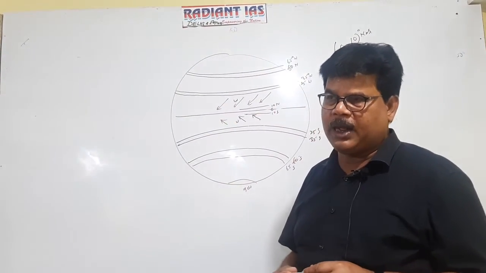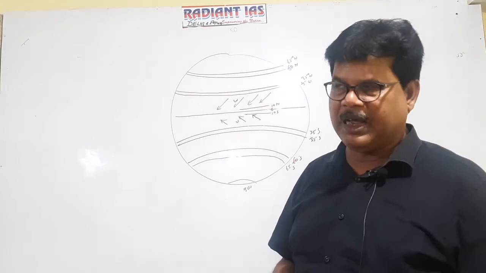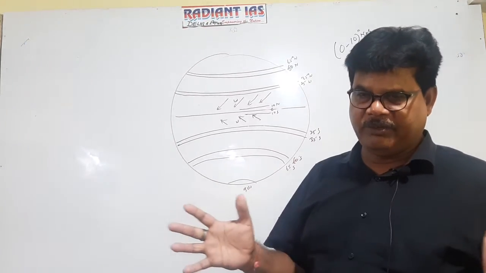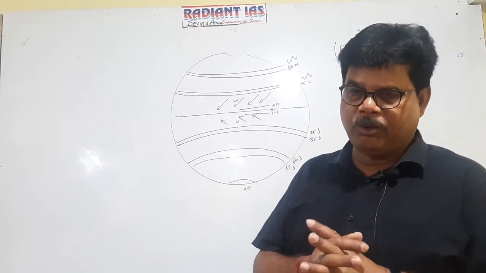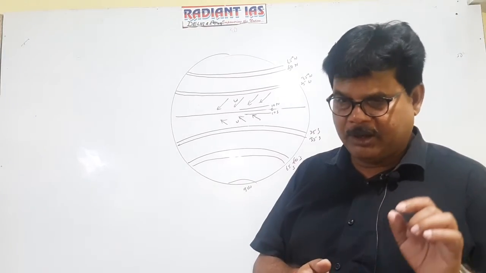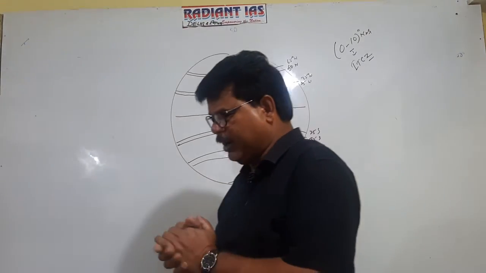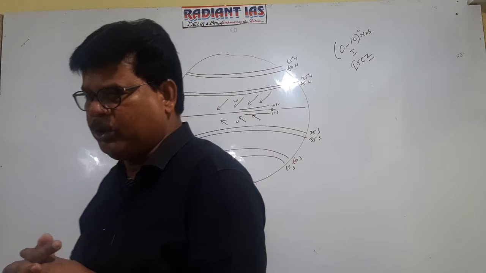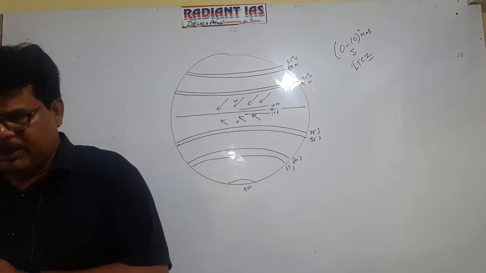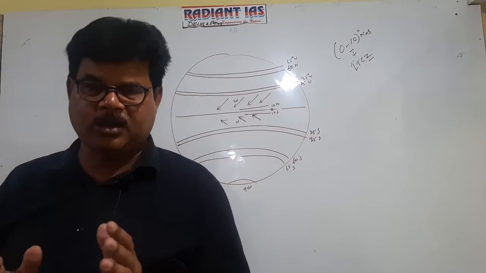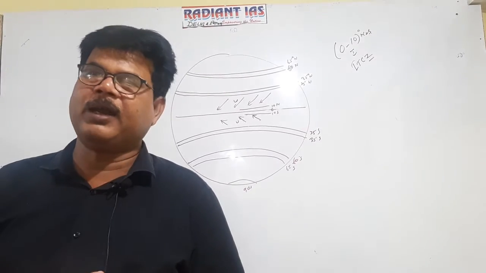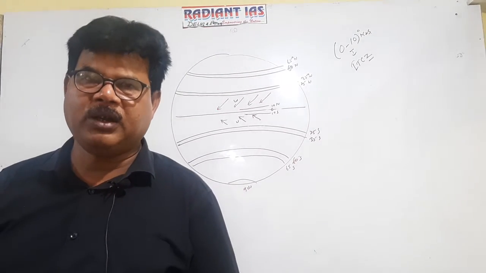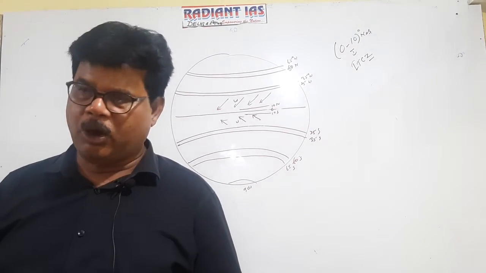If they do not have contrasting character, they easily mix up and no front is formed. That is the reason why front formation does not occur between 0 to 10 degrees north and south, despite the fact that there is convergence of two winds along a line.